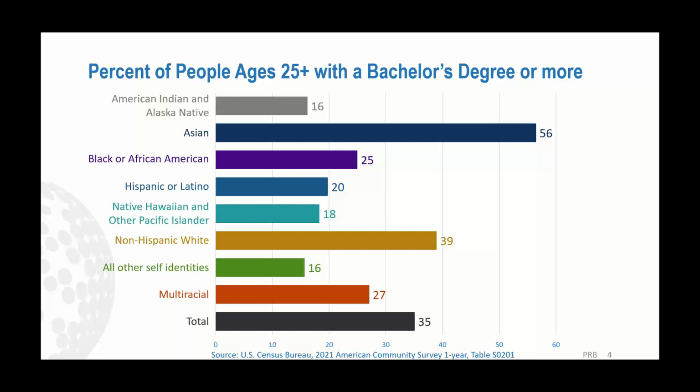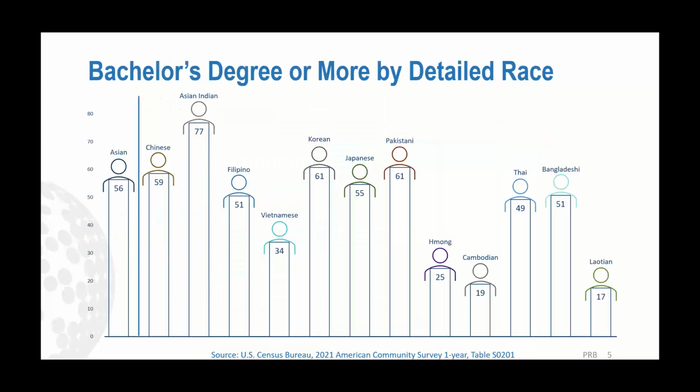But once we've disaggregated the data by the broad race and ethnicity categories that are available, we can see there's a lot of variation across the different groups. There's a low of 16% of American Indian and Alaska Native, as well as 16% of those who have all other self-identities, with a bachelor's degree or more, all the way up to a high of 56% of those who self-identify within the Asian category.